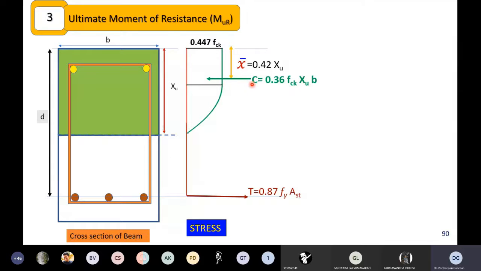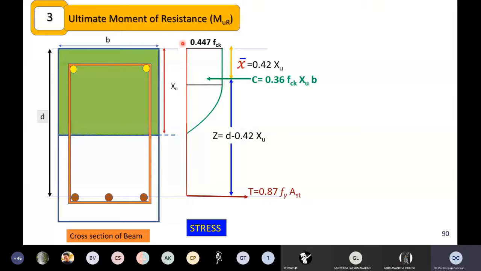These two forces, the resistance offered by the concrete and the resistance offered by the steel, together constitute a moment or a couple, and that is called moment of resistance. From here to here, the depth is effective depth d, and from here to here it is 0.42 XU. So the distance between these two forces is called Z, which is d minus 0.42 XU.